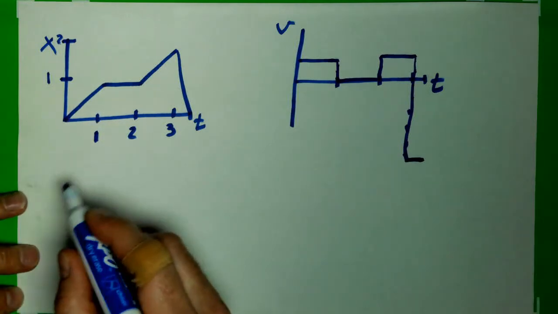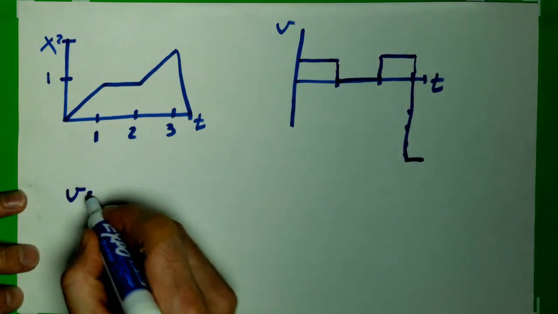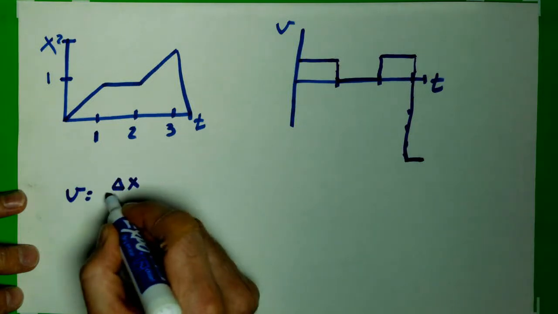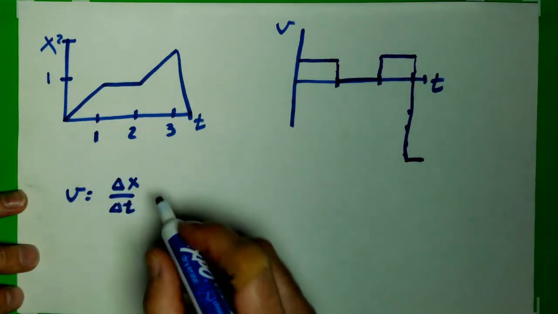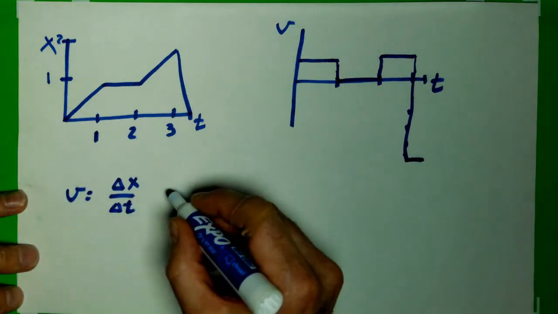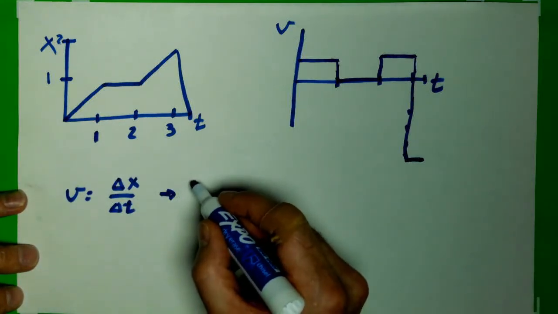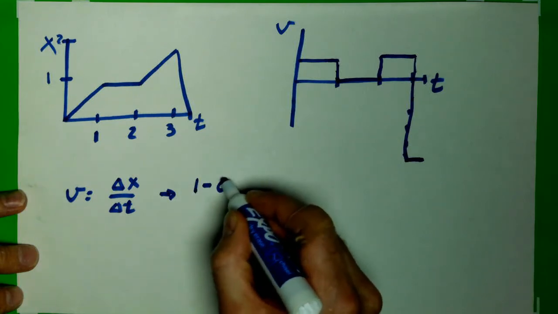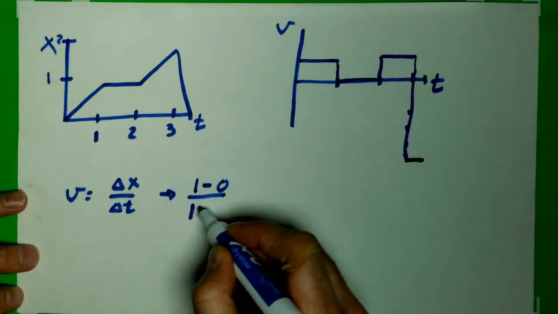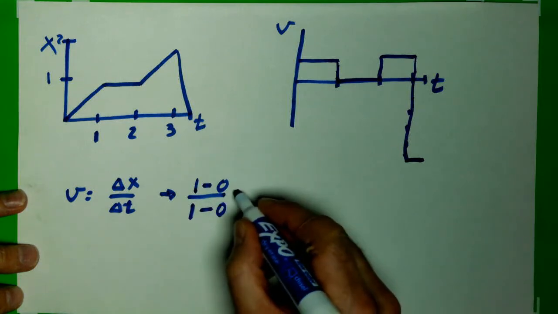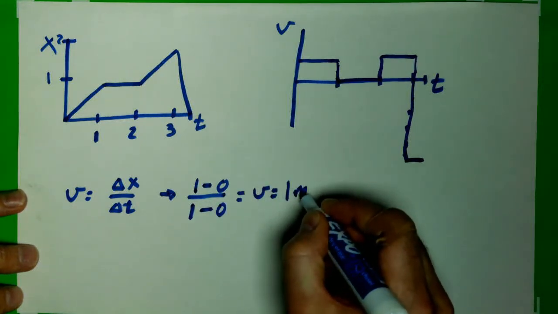Okay, so with our definition, we have v equals delta x over delta t. We can choose 0 for a starting point. So for the first leg, we're going to get a rise of 1 meter minus 0, over 1 second minus 0, which gives us a velocity of 1 meter per second.